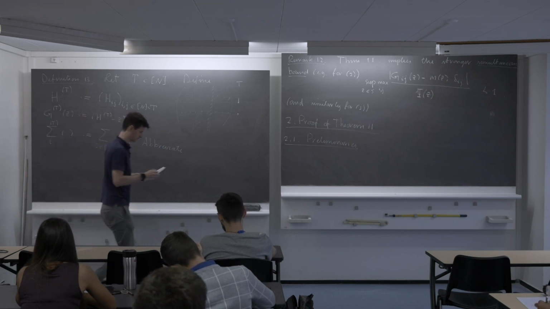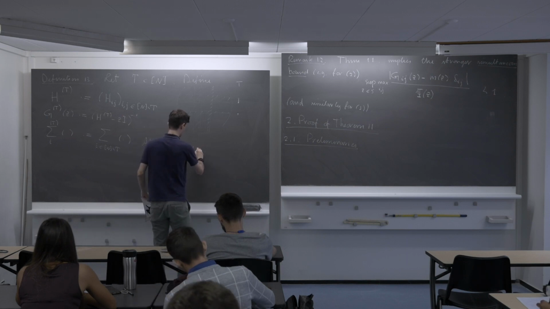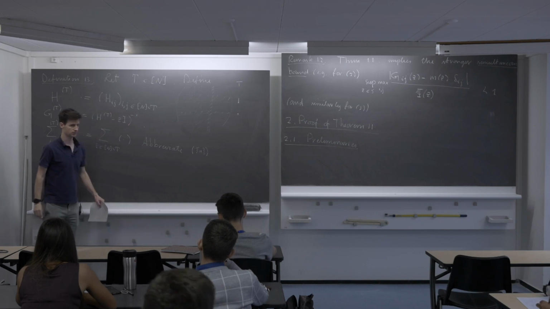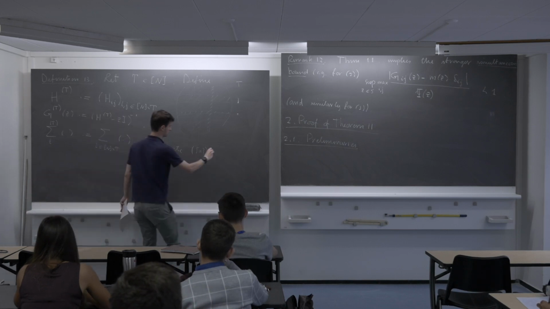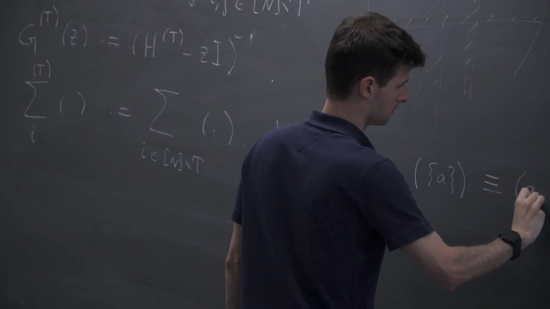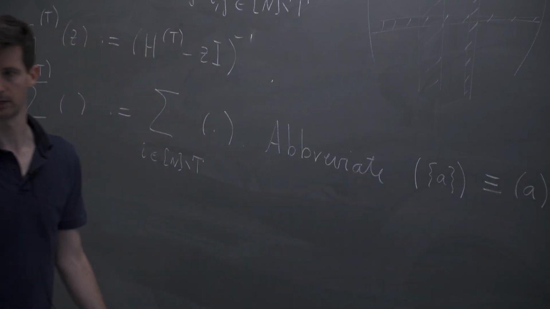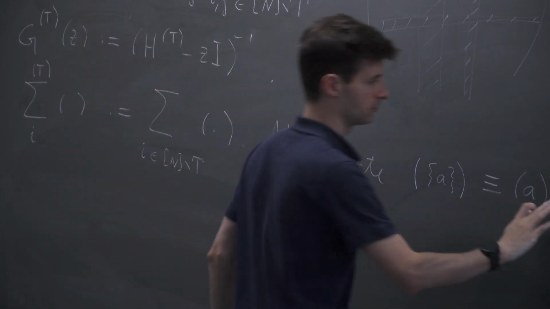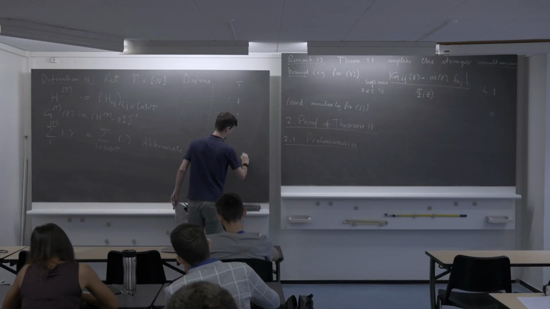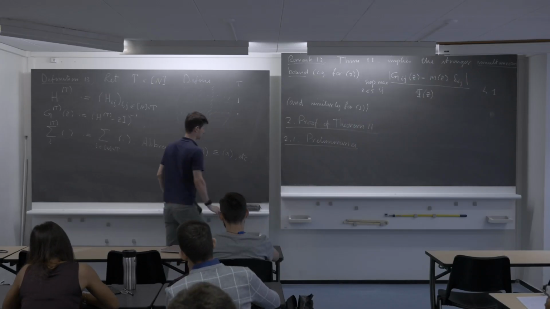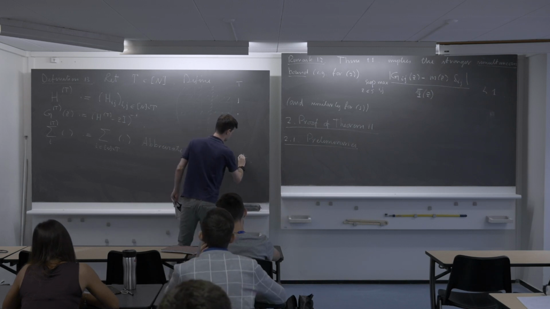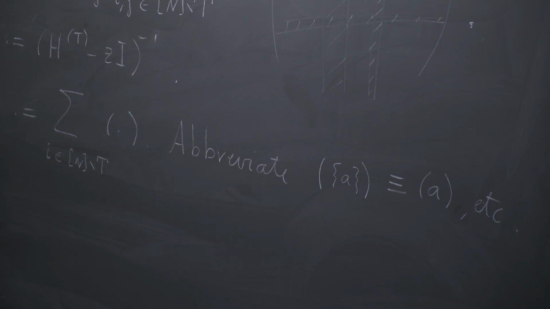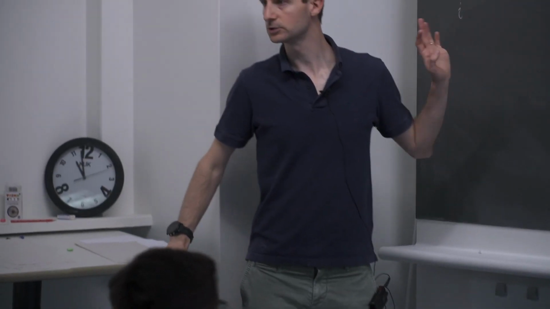And then I would like to abbreviate. So if T is a set of just one index, instead of writing these double parentheses, I will just write it like that. And so on if I have two indices. Okay. Is this clear? This is just linear algebra.